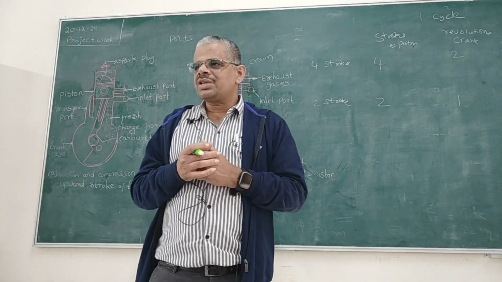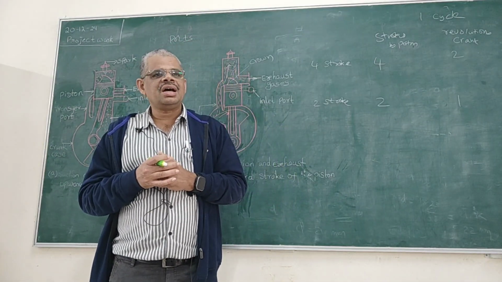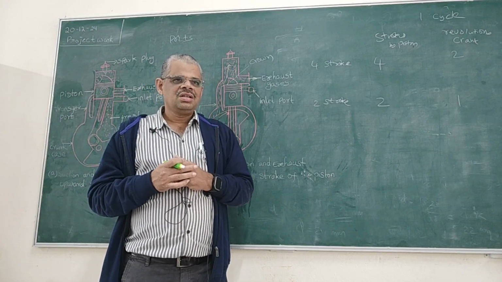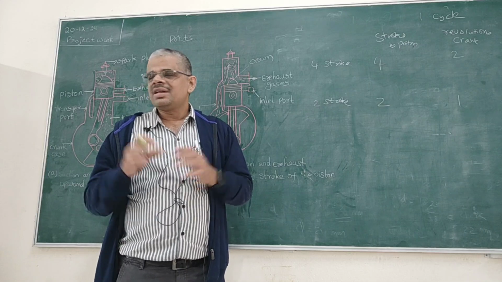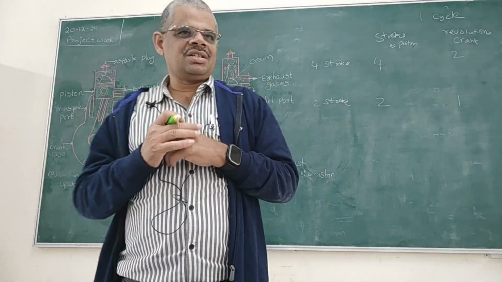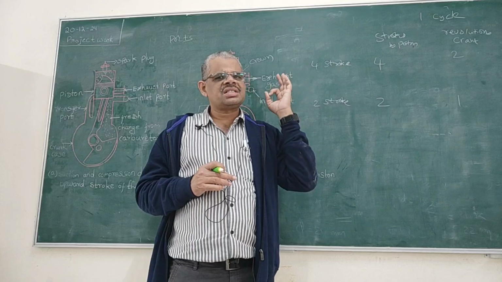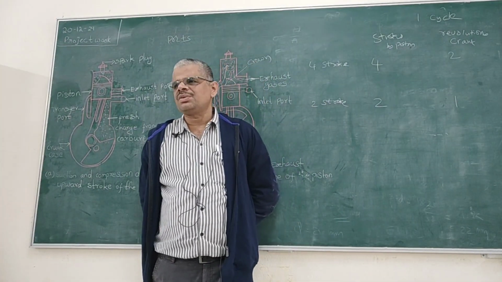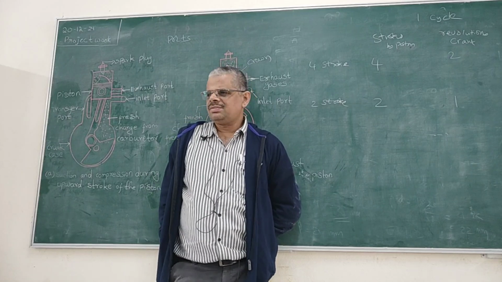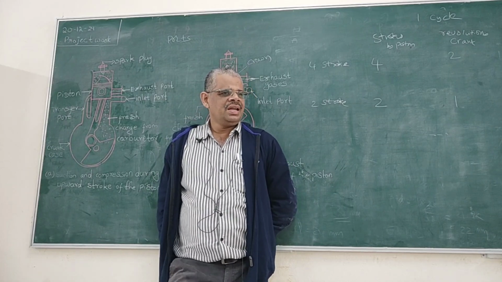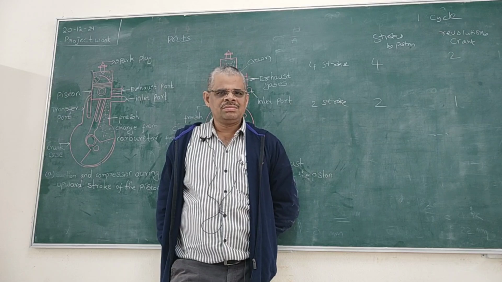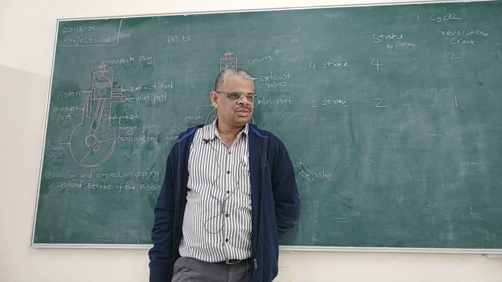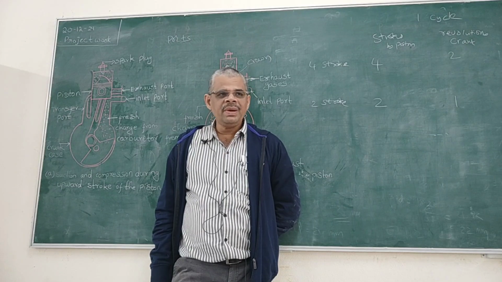Presently there are no two-stroke engines, but previously we used to have two-stroke engines. You might have heard the word Bajaj Chetak. Have you heard? That is a scooter, Bajaj Chetak. The very popular and most successful model from Bajaj. Bajaj Chetak was the most successful model because of its pickup and other things. It is a 150cc engine. What do you know by the word cc? cc means cubic centimeters.